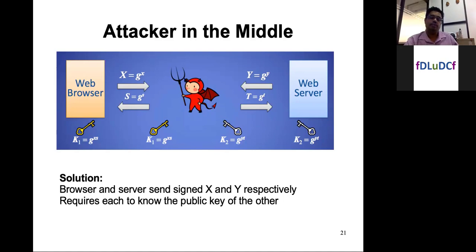A man in the middle can replace the parameters exchanged between them, because we are not checking the integrity of this communication. If we somehow preserve the integrity of the communication between the web browser and the server, we can stop this man-in-the-middle attack.